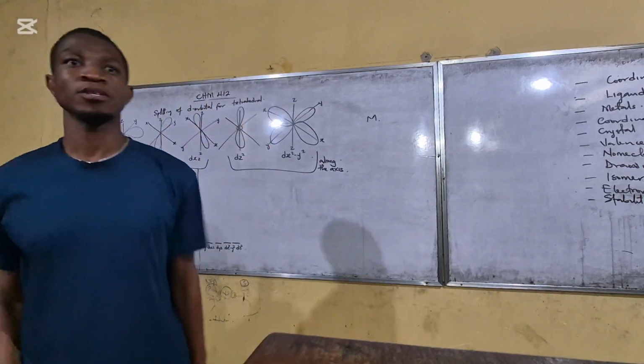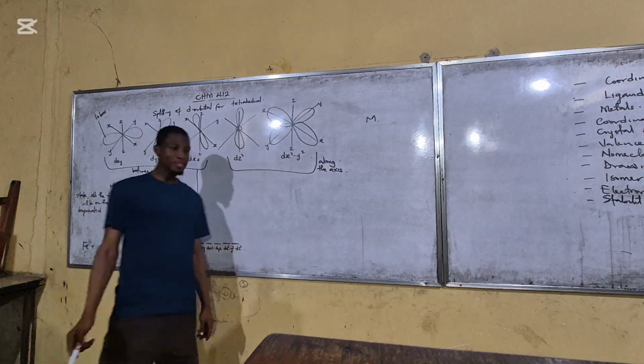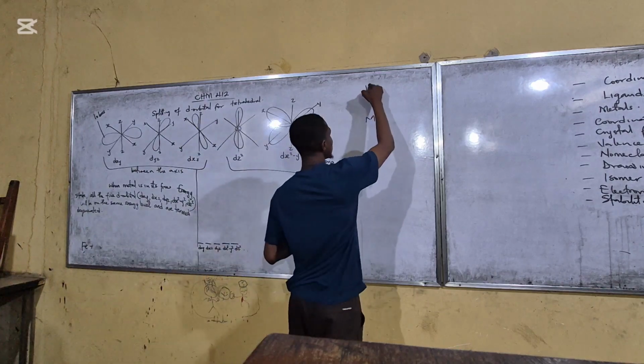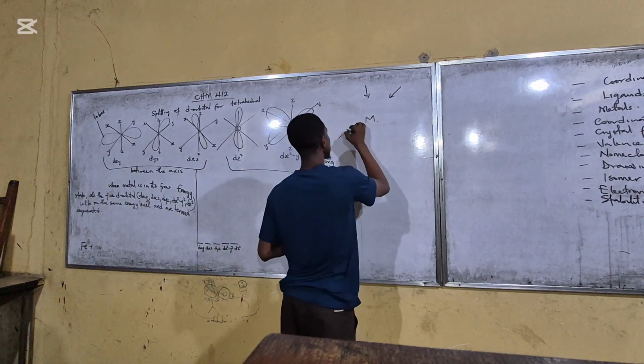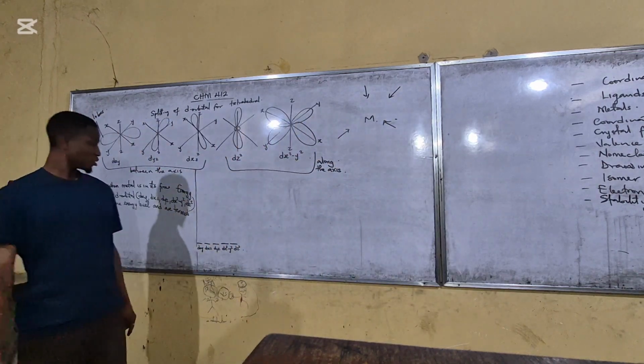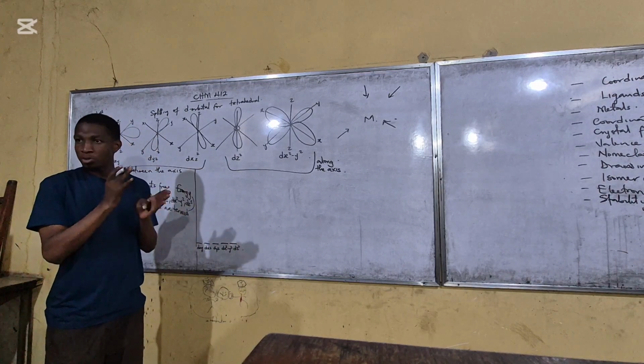So when this metal notices that there's an incoming ligand coming its way, even though it does not know where the ligand is coming from yet, all these d orbitals will begin to repel each other.